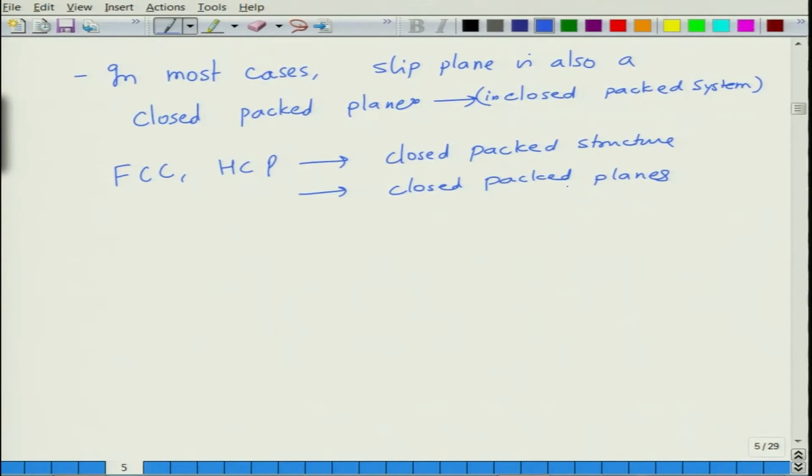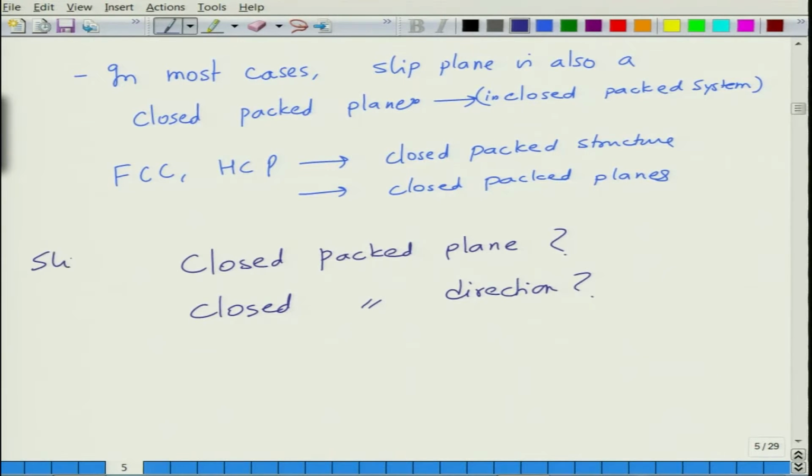Okay. So, the question is, why are slip planes usually closed packed? Why closed packed plane, why closed packed direction?